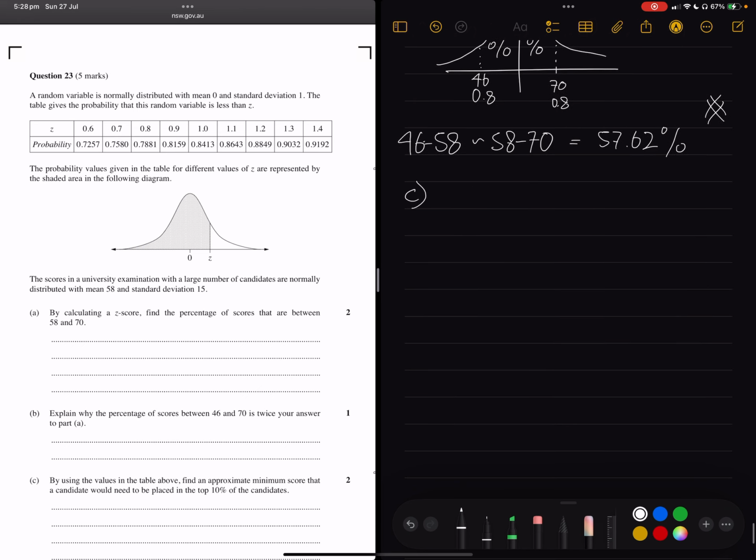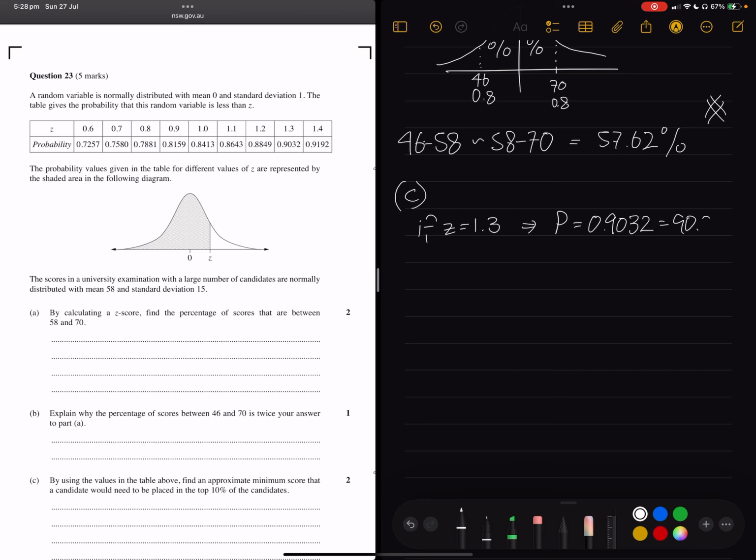Now for part C, we're told by using the values in the table above, find an approximate minimum score that a candidate would need to be placed in the top 10% of candidates. Okay, well, if we look at the probability table up the top, it tells us that if z is 1.3, then the cumulative probability up to that point is 0.9032.